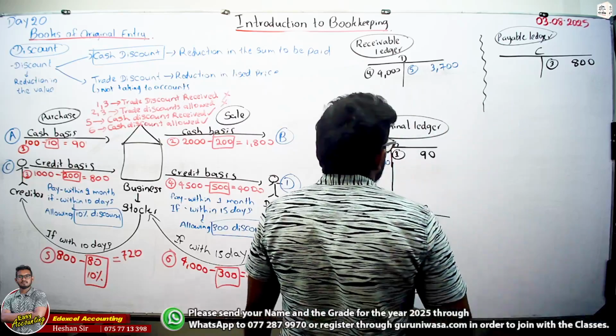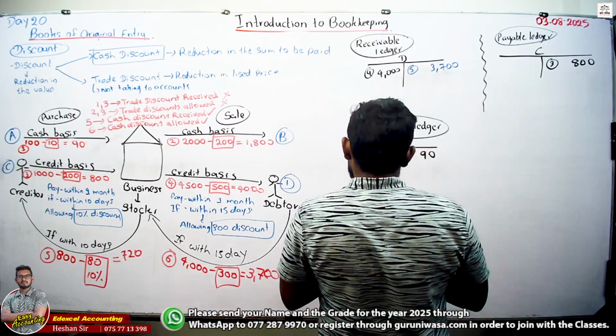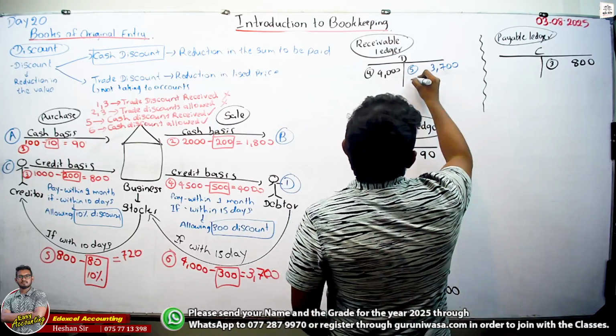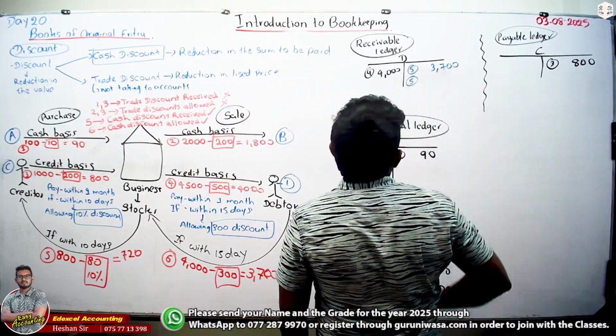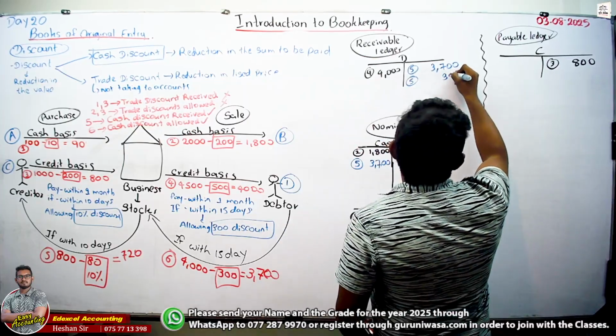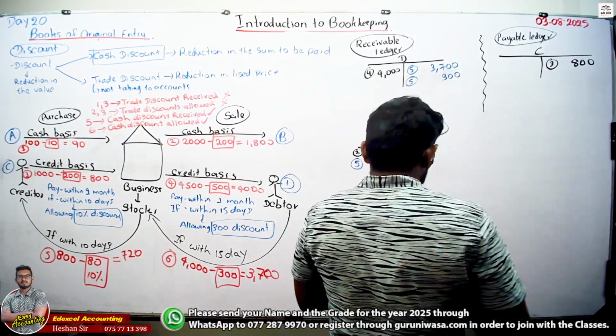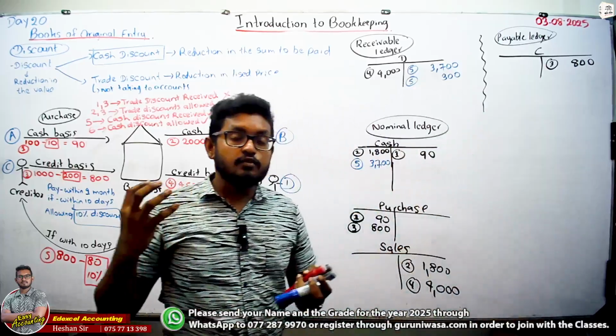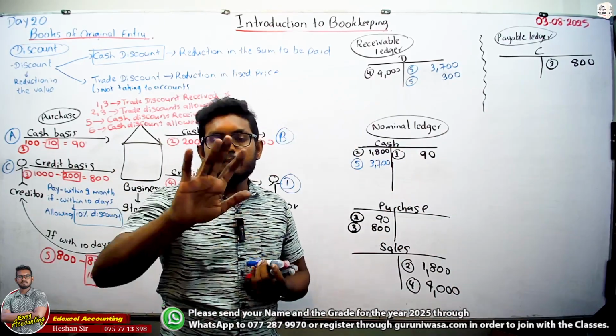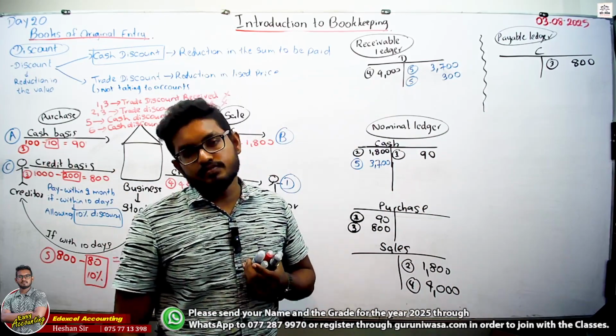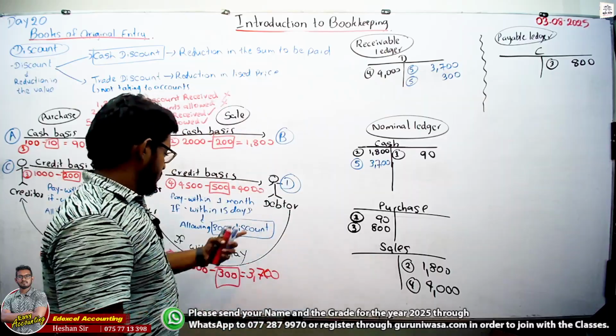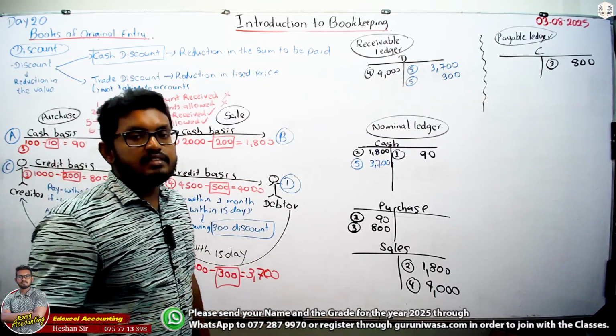So under the nominal ledger, I want to identify this as our expense. Why? I want to receive 4,000, but I am telling him, okay, pay only 3,700. If you pay within 15 days, I don't need that 300.